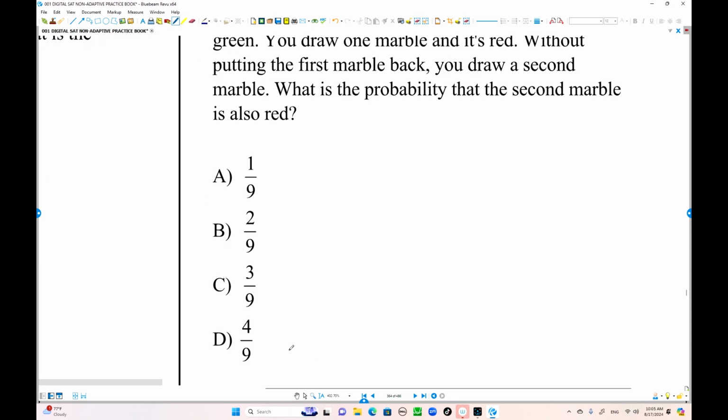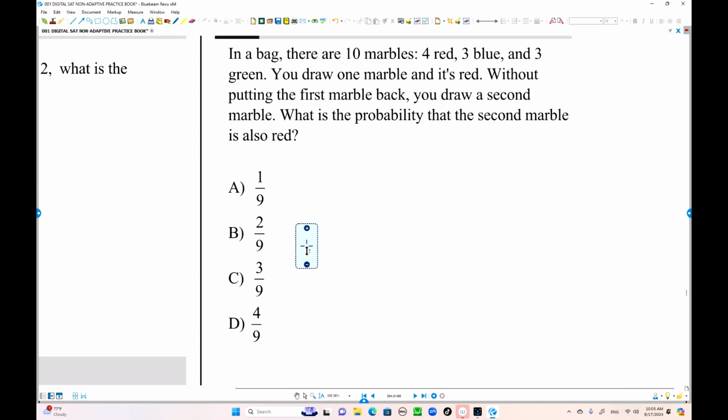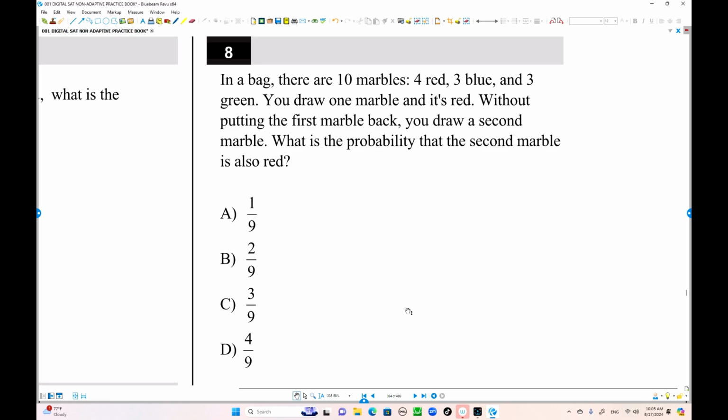Here is number 8. Here's the keyword: there are 10 marbles, 4 red, 3 blue, and 3 green. You draw one marble and it's red already. This does not belong to probability, we tried already.